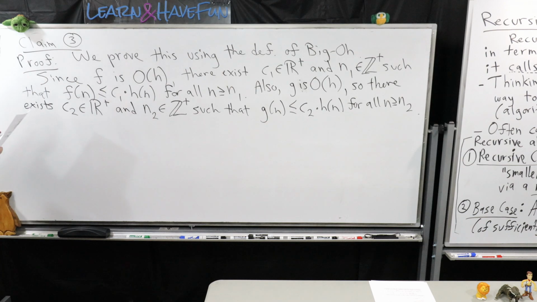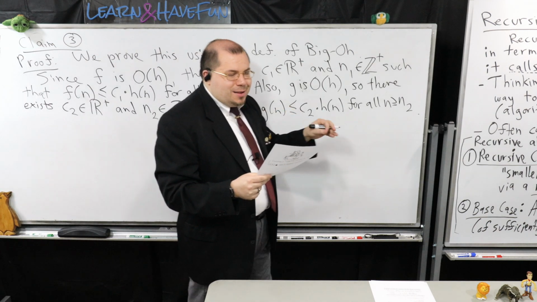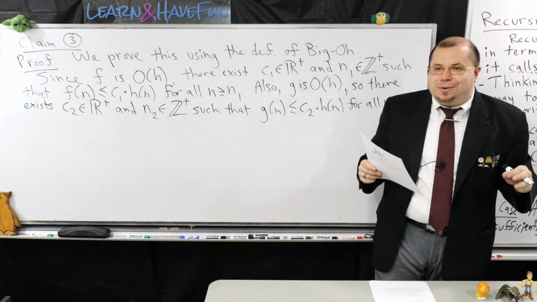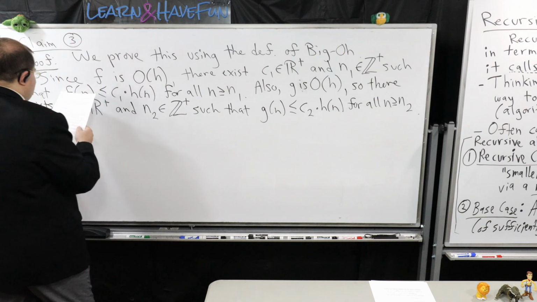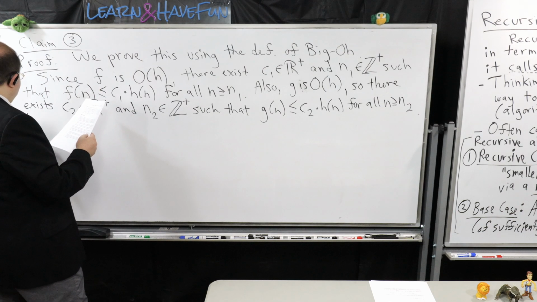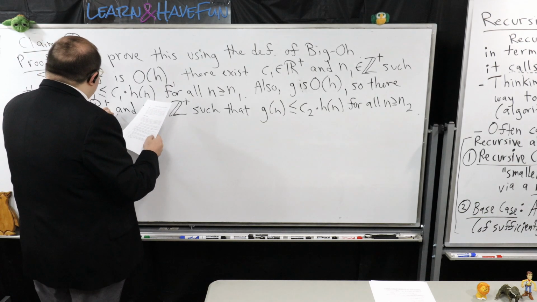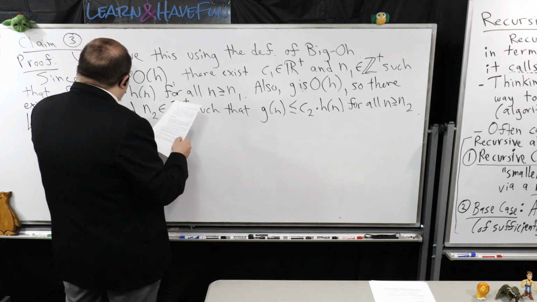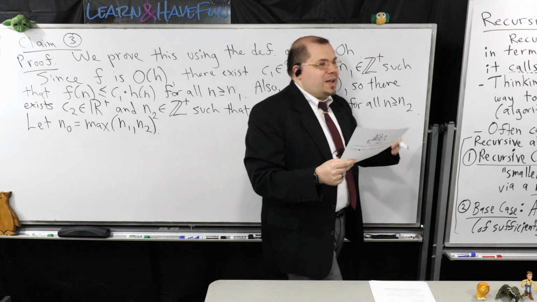This is one of the times where I'm actually going to pick N0 first. You're going to see why in a moment. So let N0 be equal to the max of N1 and N2.